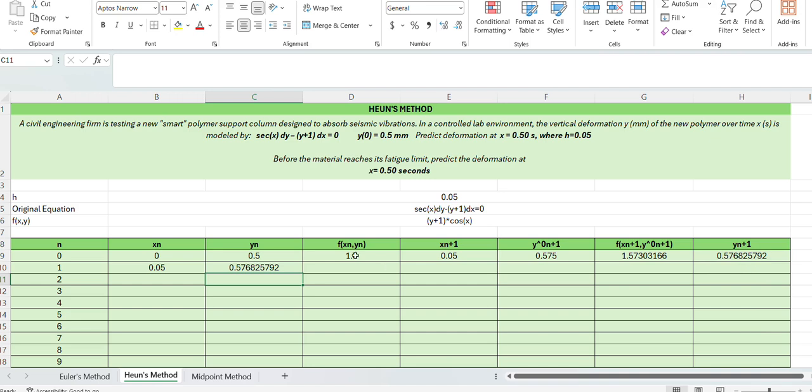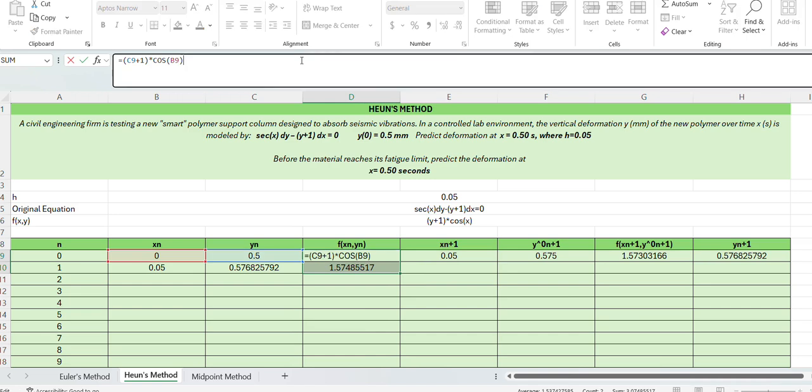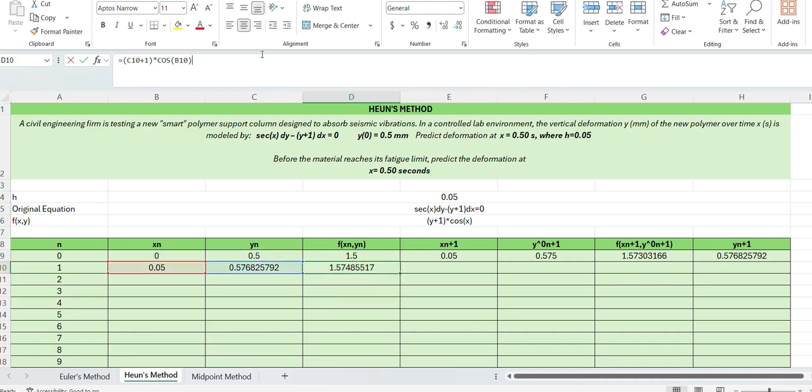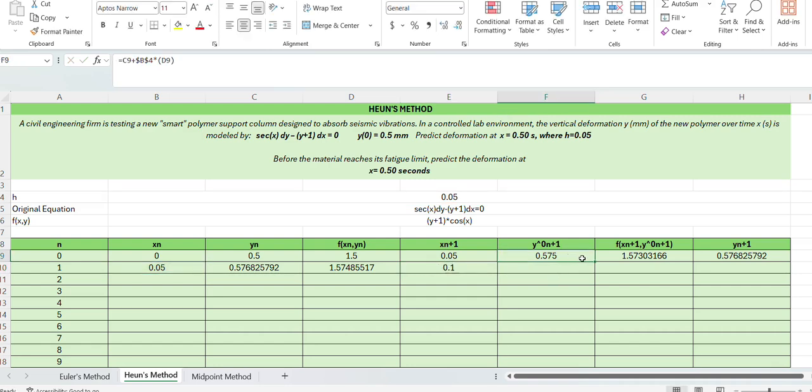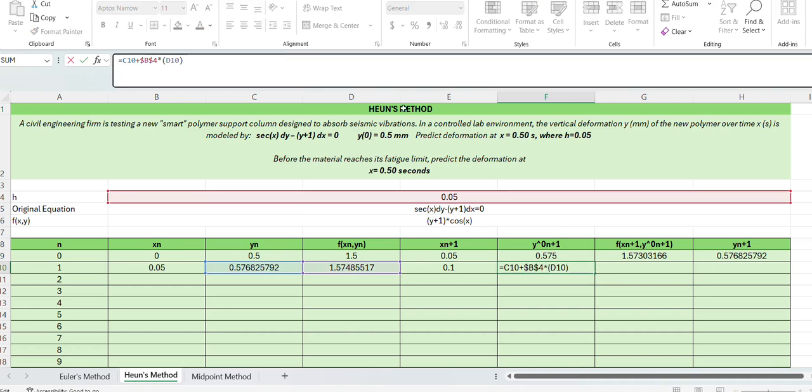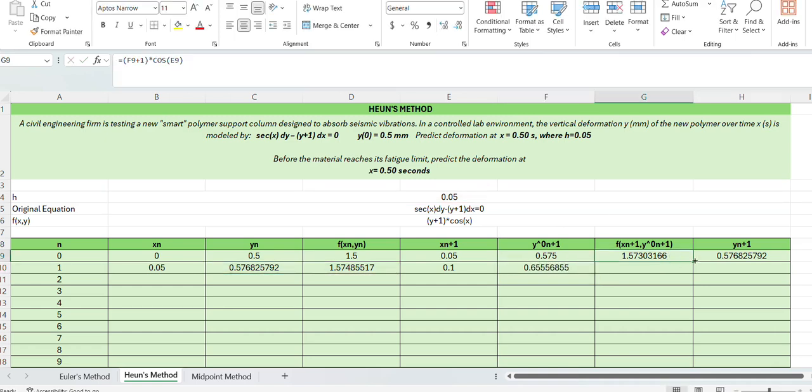Then we drag this one out, carefully dragging it one by one and checking that the values are aligned.